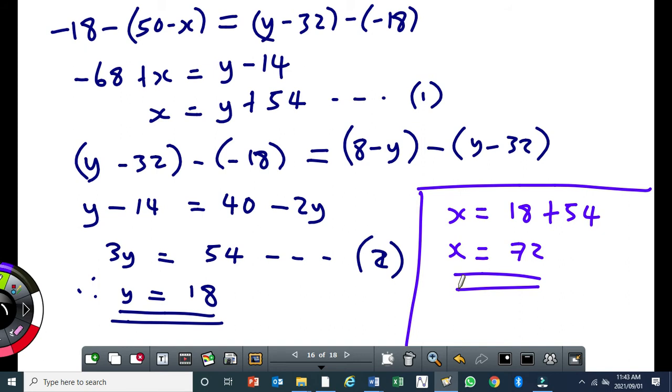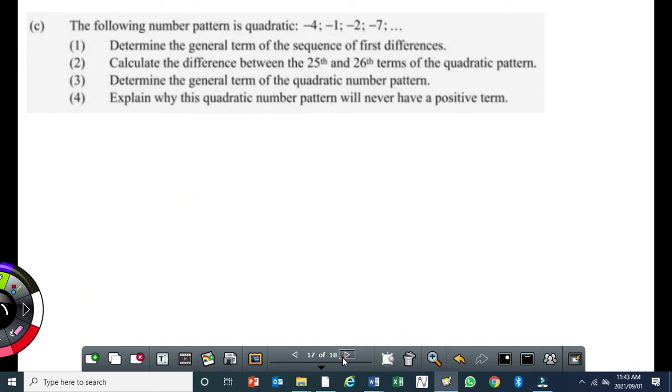Is there anybody else with any question? Yes, but for this question, you were not asked to determine the general term. So you just stop at finding x and y. Is there anyone else who has got any other question?